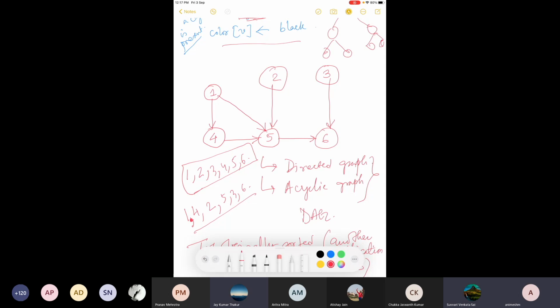Sir, on what basis is the second one sorted? 1, 4, 2, 5, 3, 6. Think. The predecessor has to be always before the successor. Yes, sir, but how are 4 and 2 related?